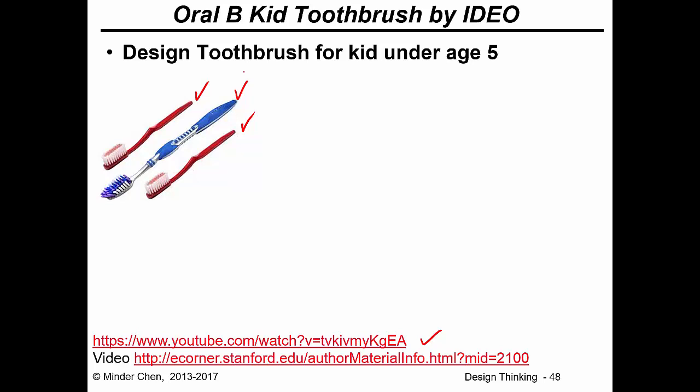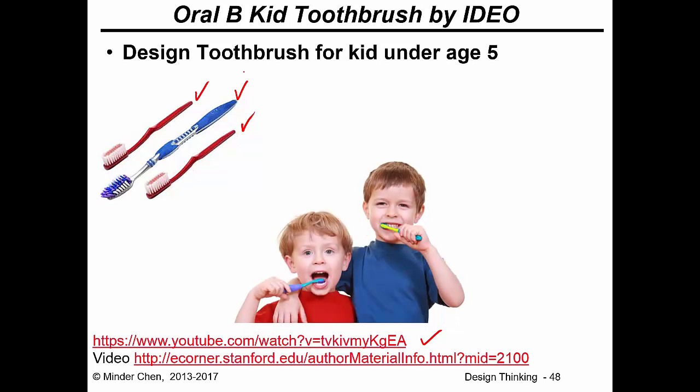Which may be true, but in their field observation, they found this is how kids hold on to the toothbrush. Because their hands are tiny, they actually had to grab the handle of the toothbrush, and if you make the handle too tiny, it's very difficult for them to hold on to the toothbrush.